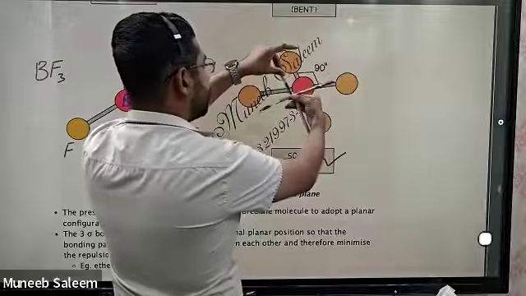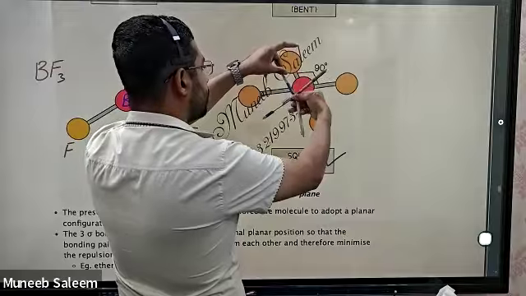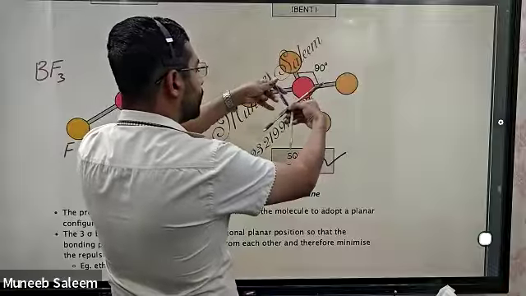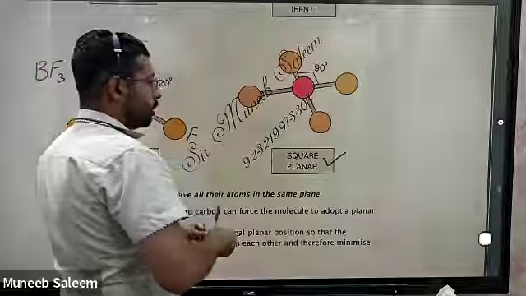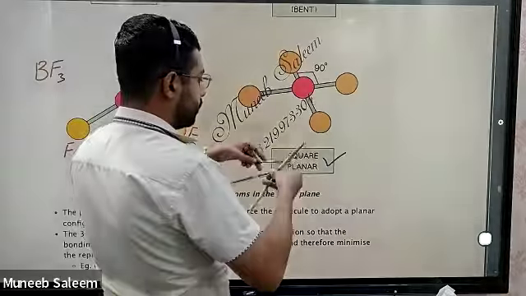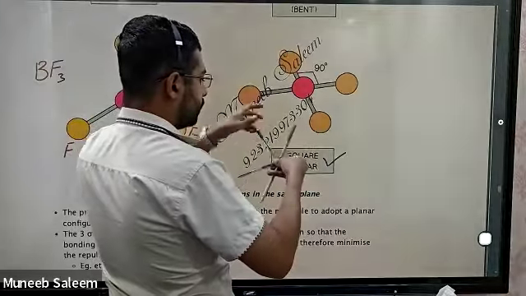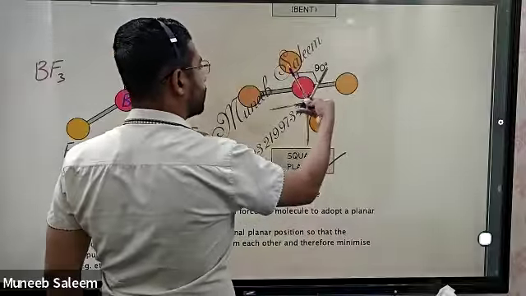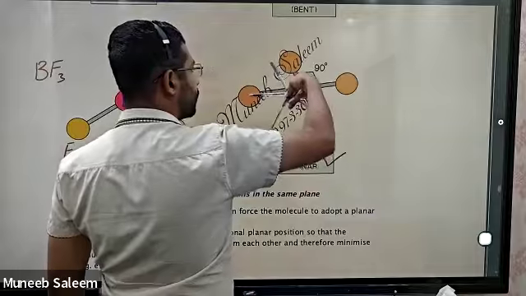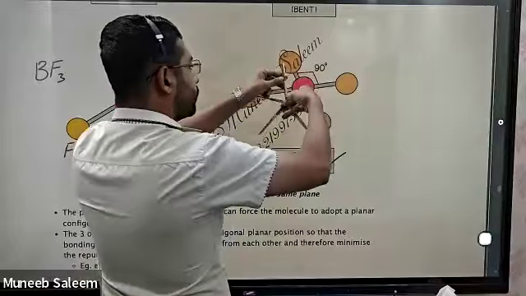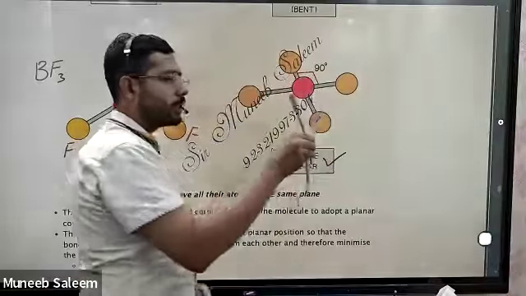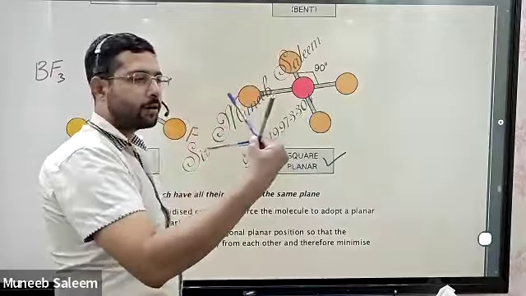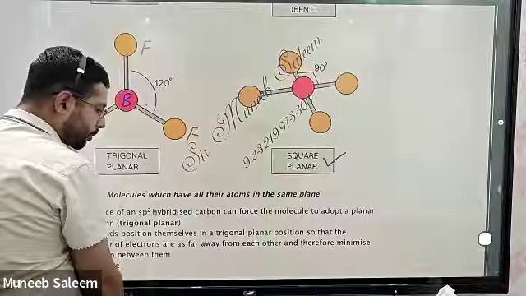So these four atoms are all present in the same plane. This is how we know about the square planar. So you can rotate in any direction and they will still be present in the single plane. So this is how we have the square planar shape of the molecule.